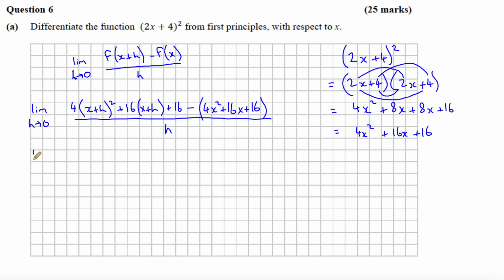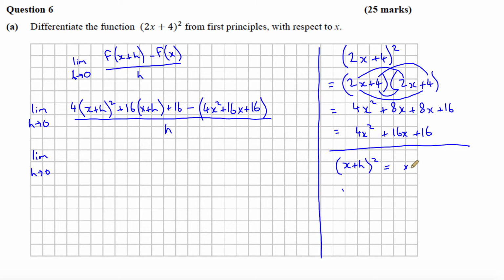So that's going to give me the limit as h goes to 0 of... I'm just going to do this off to the side here as well, x plus h squared. Just going to deal with this x plus h squared separately.